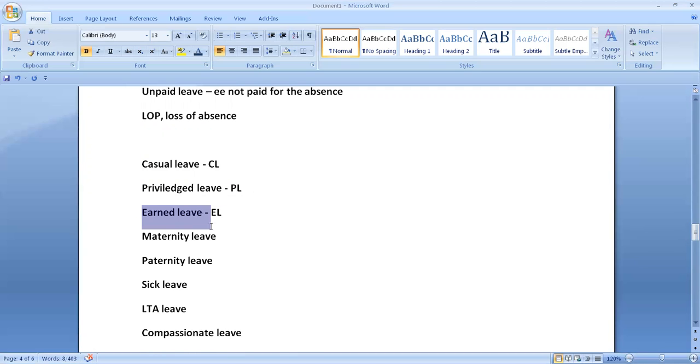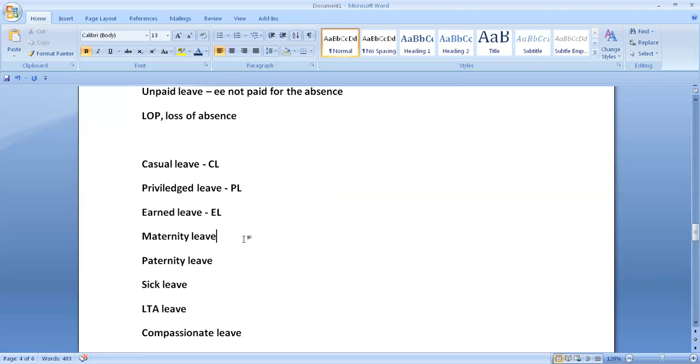Earned leave is specified by the Factories Act. Usually a maximum of 20 days is maintained. This earned leave is earned during a year, and it can be carried forward, meaning it can be continued in the subsequent year also. It can be continued.